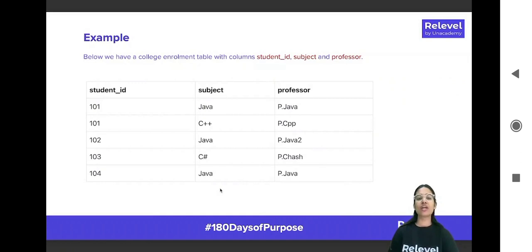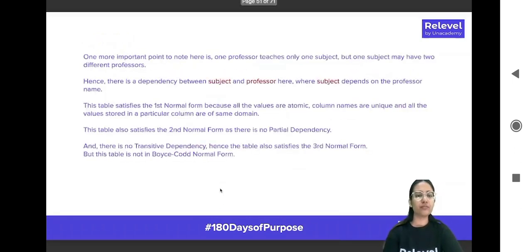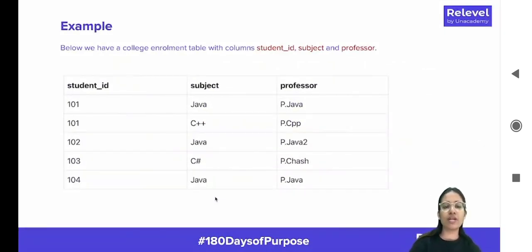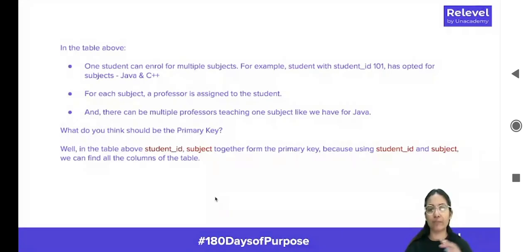A student with the ID 101 is enrolled in the subject Java, and it is being taught by the professor P.Java. In this table, one student can enroll for multiple subjects. You can see the student with the ID 101 has enrolled for Java as well as for C++, which are taught by different professors.